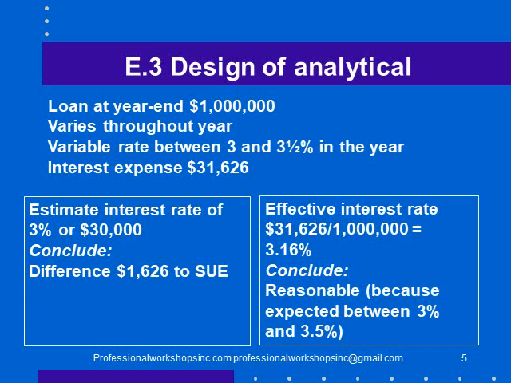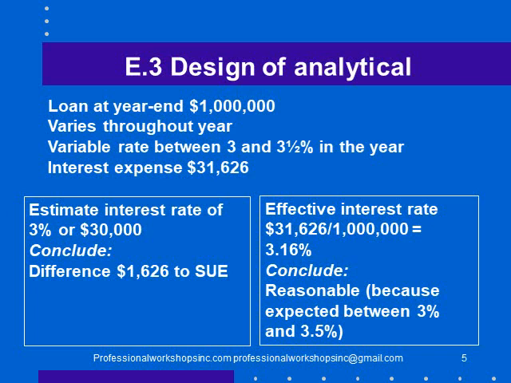So the first way you could do your analytical procedure, you could say, well, okay, I'm going to estimate that the interest rate is 3%. So 3% times $1 million is $30,000. I found an error. I'm going to put that on the summary of unrecorded errors, debit something, credit something.